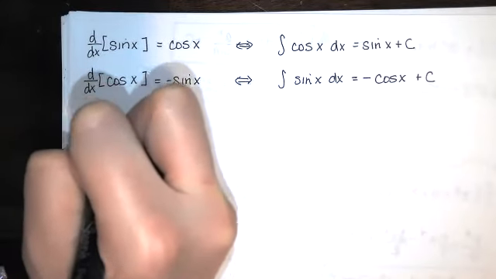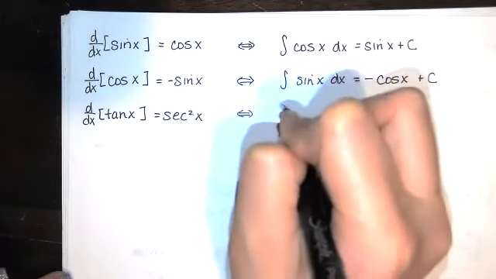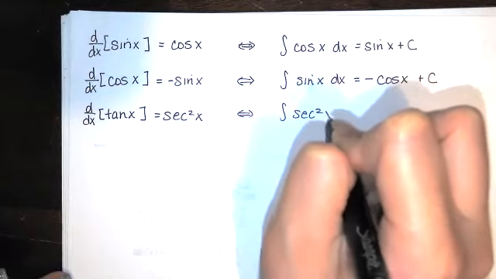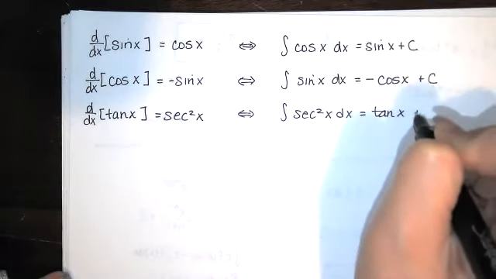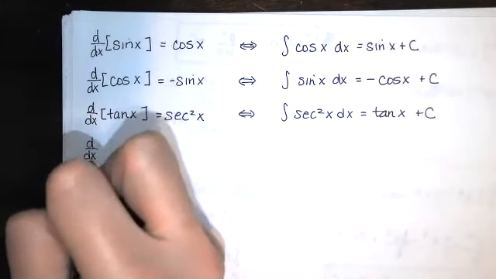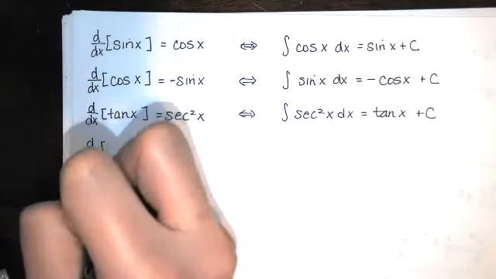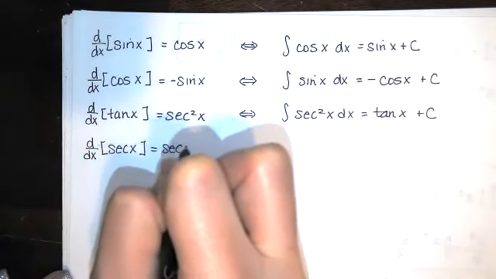The derivative of tangent of x is secant squared x. So the antiderivative of secant squared is tangent. Make sure you have the same angle. The derivative of secant is secant times tangent.